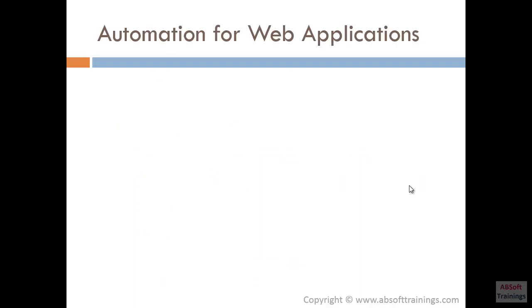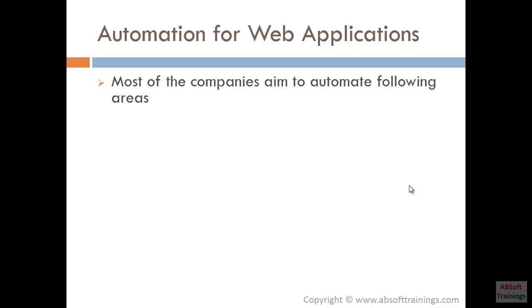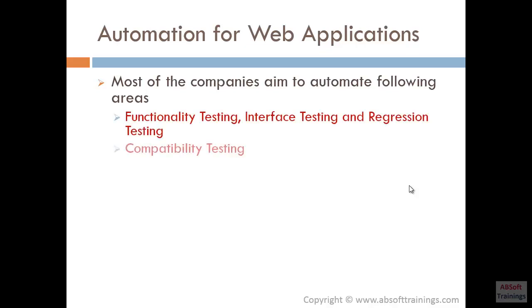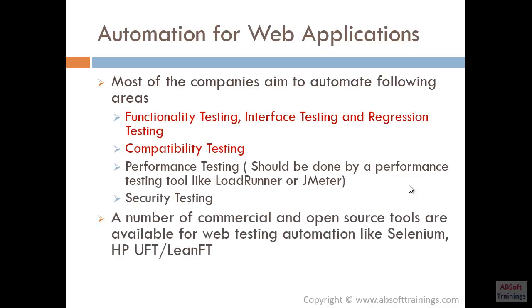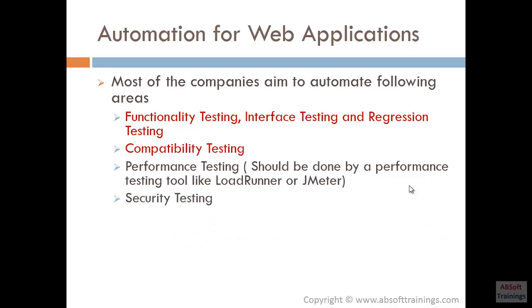So we have seen different testing areas for web applications. When it comes to companies, most of them try to automate these areas. Definitely you should automate all the functionality testing, interface testing, regression testing, compatibility testing.